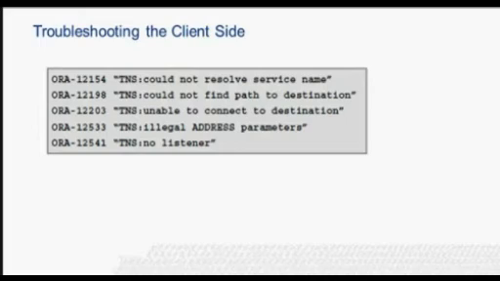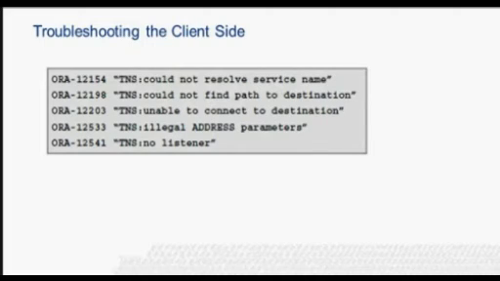ORA-12154: could not resolve service name. Causes: Oracle Net Services cannot locate the connect descriptor specified in the tnsnames.ora configuration file. Action: verify that the tnsnames.ora file is in the location specified by TNS_ADMIN. Verify that this file exists and is accessible.